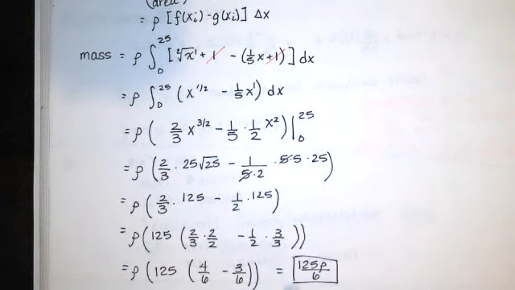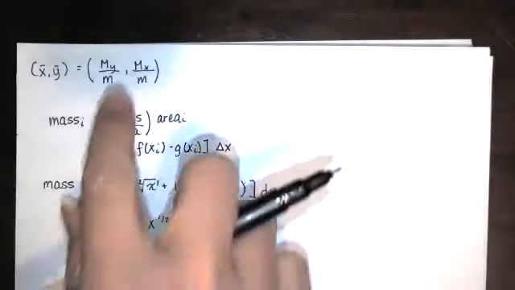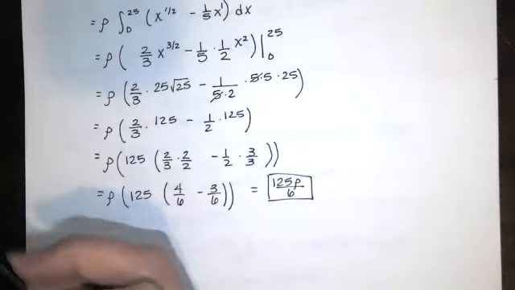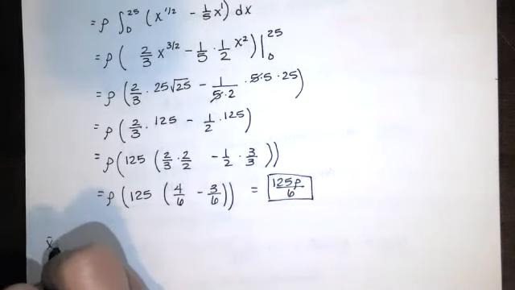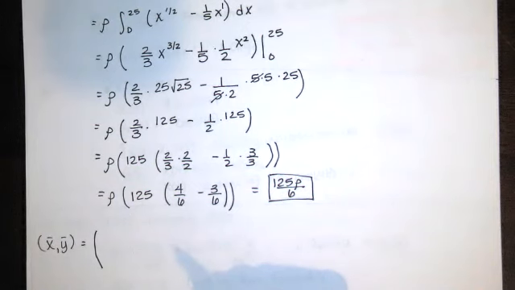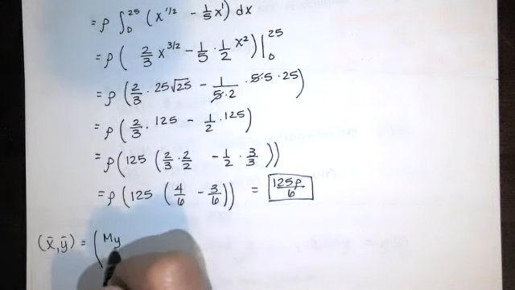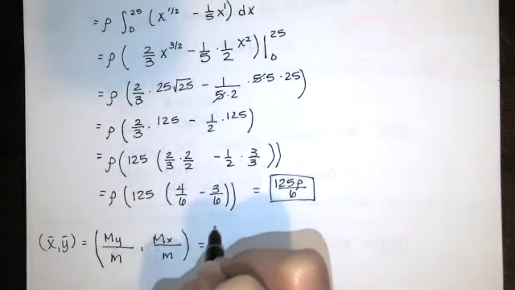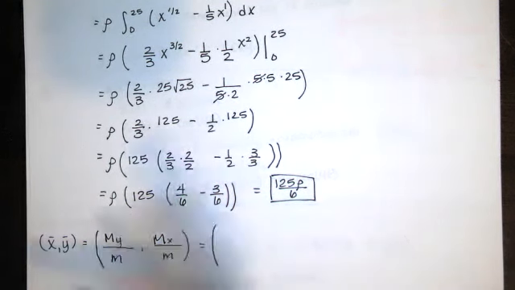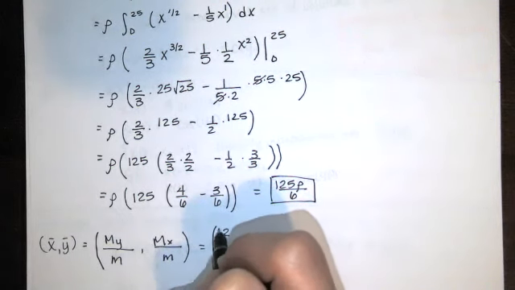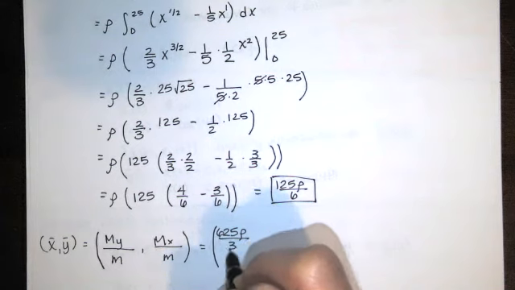Now, we weren't actually asked for the mass, but we need the mass in order to find the center of mass of our lamina. Okay, so let's find that center of mass now. Take the moment about the y-axis, and the moment about the y-axis was 625 rho divided by 3.